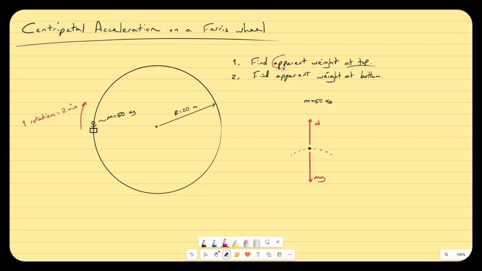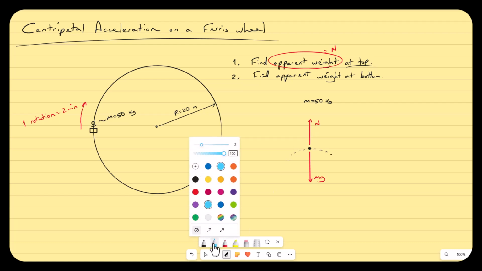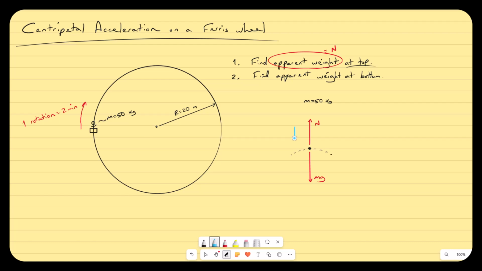Now the apparent weight, if you remember, that's the force that's keeping you from sinking into the ground. So the apparent weight equals the normal force. That's what I'm solving for. I'm going to say upward is my positive direction.